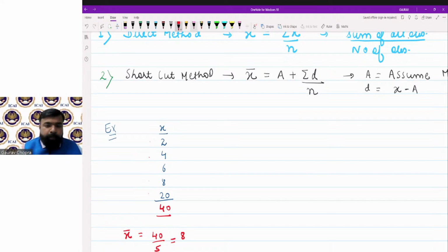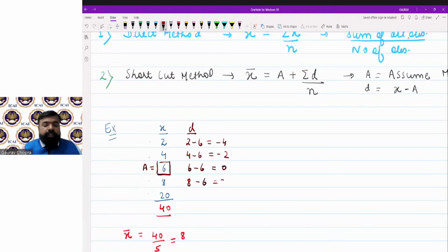Now according to the second method, first of all, we have to assume any number. So let us take 6 as A. This is our assumed mean A. Now we have to find the deviation, x minus A. 2 minus 6 is minus 4. 4 minus 6 is minus 2. 6 minus 6 is 0. 8 minus 6 is 2. And then 20 minus 6 is 14. Now add all the deviations.